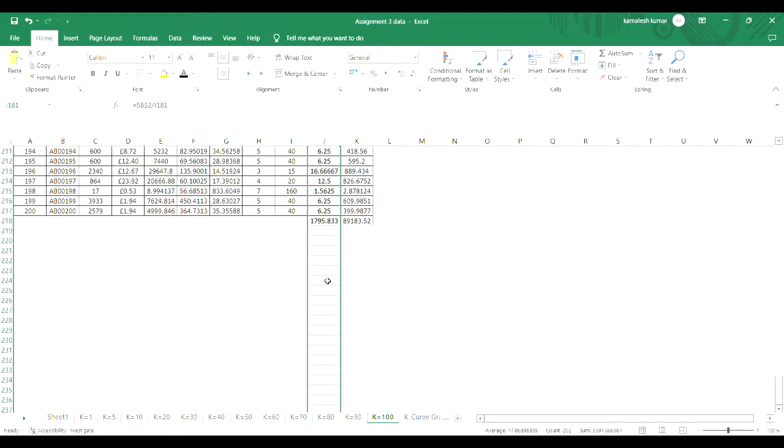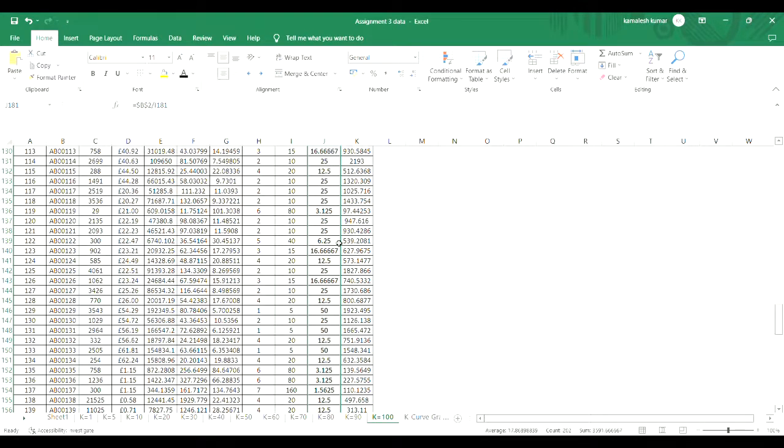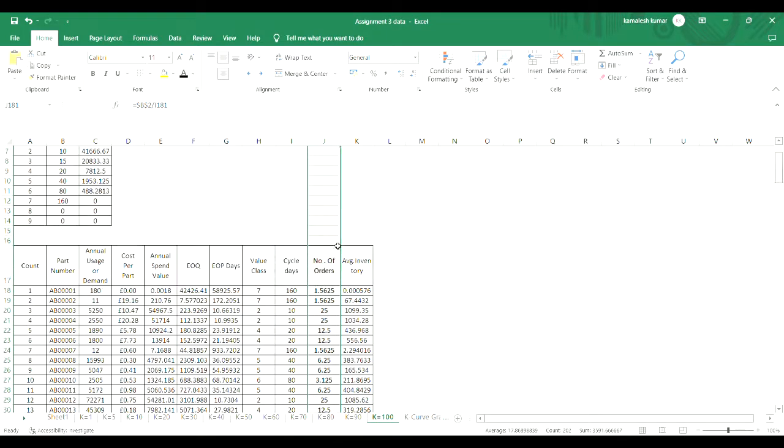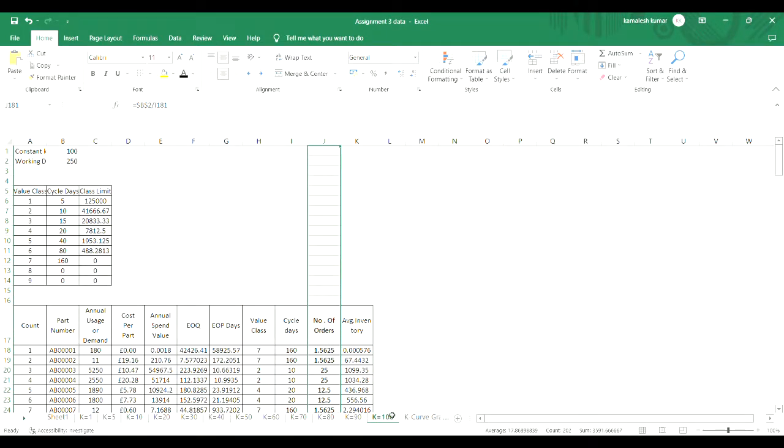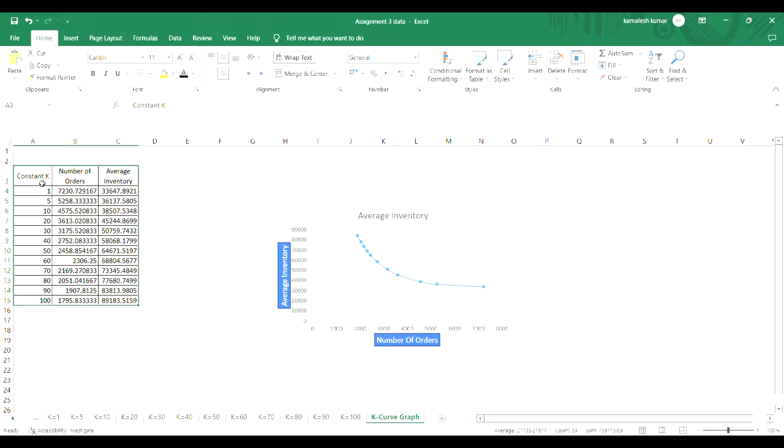So for all the values of k, the average value of number of orders and average value of inventory should be taken in this table. Then you have to plot a graph between the average inventory and number of orders. You can see this is the graph we will obtain.